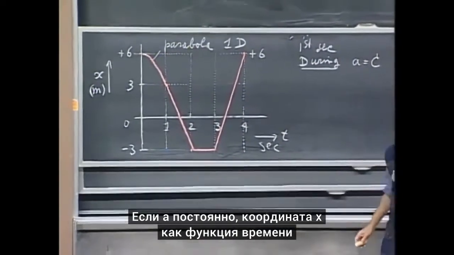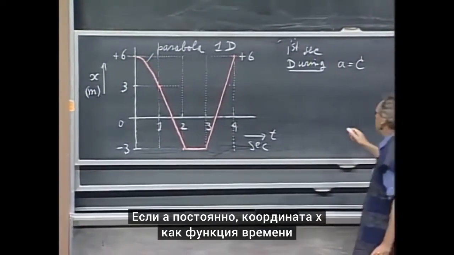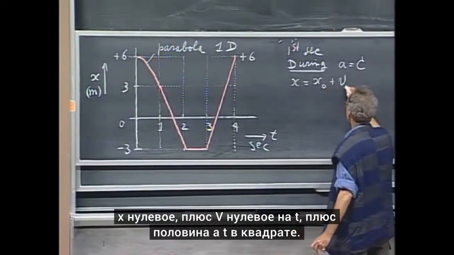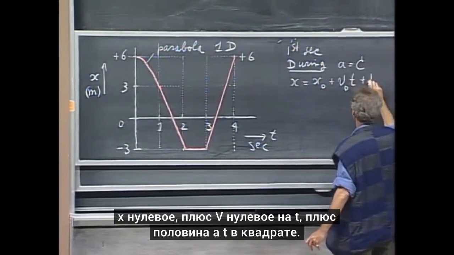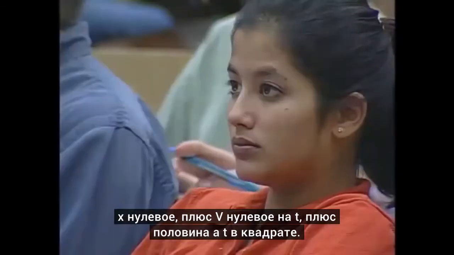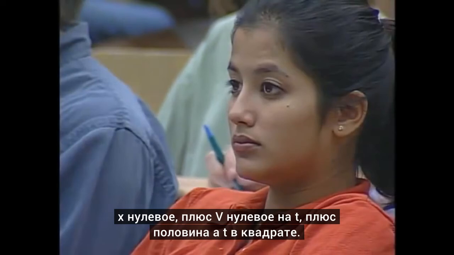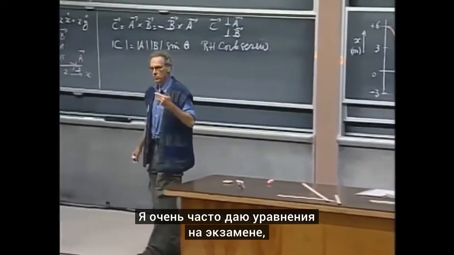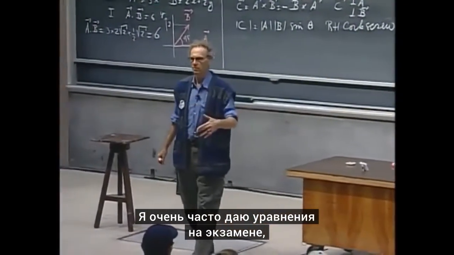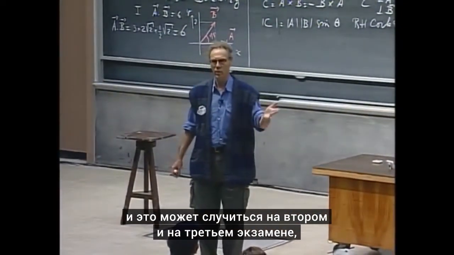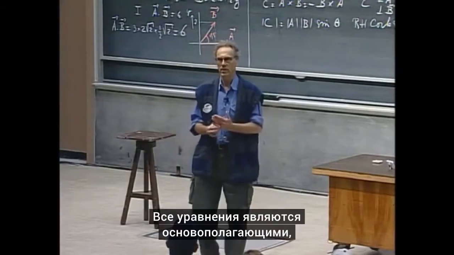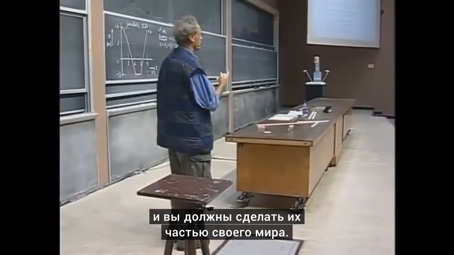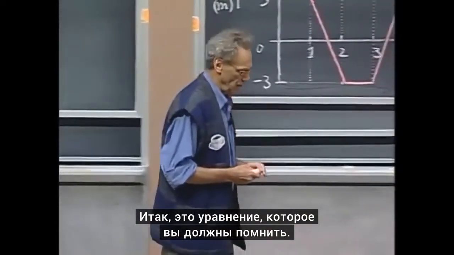If a is a constant, the position x as a function of time should change as follows: x0 plus v0t plus 1/2 a t squared. I expect you to know this equation. Very often I give you equations at the exam, and that may well happen during the second and the third exam, but it will not be the case this time. The equations are all very fundamental, and you have to make them part of your world. So this is an equation that you will have to remember.